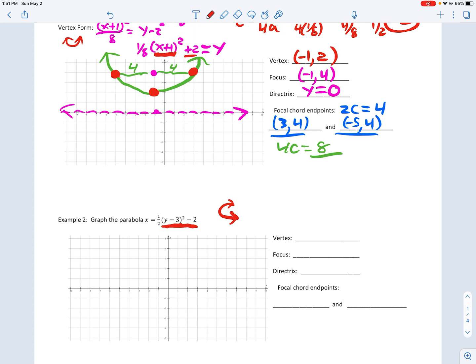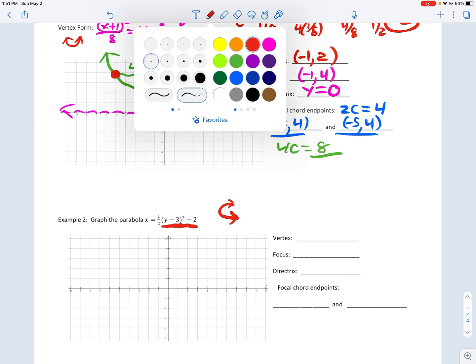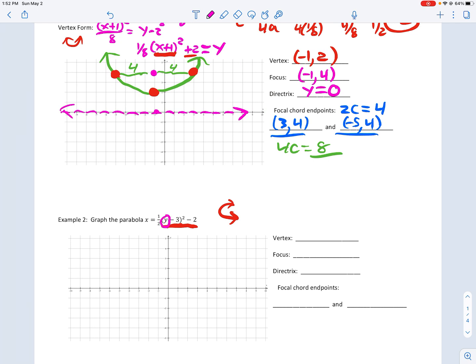So that's a +3, but look, it says y. So the y coordinate is 3, and that gets students all the time. It's y. So opposite of -3 is +3, but that's the y coordinate, and it's the same as what's outside. So in this case, it's the x coordinate. So you've got to be careful with that.